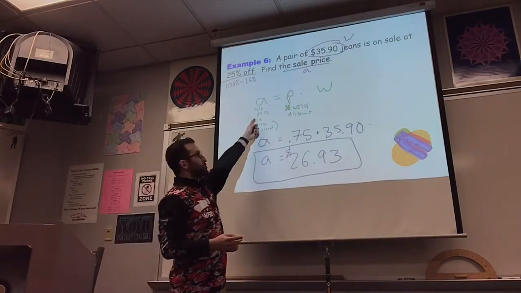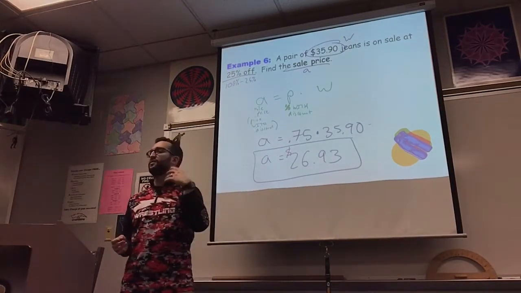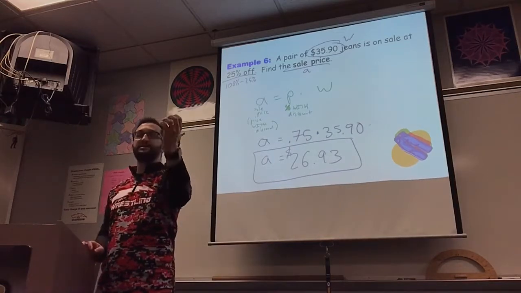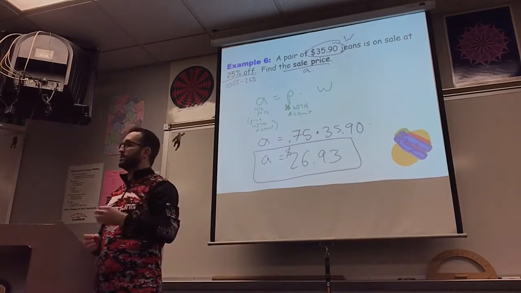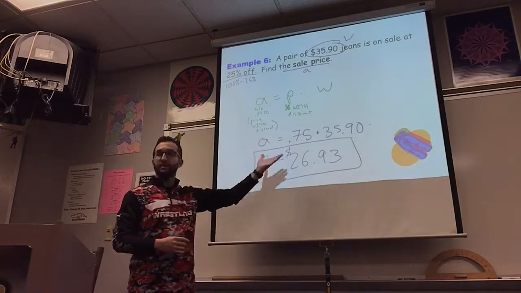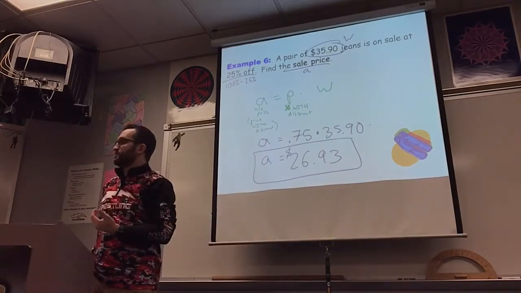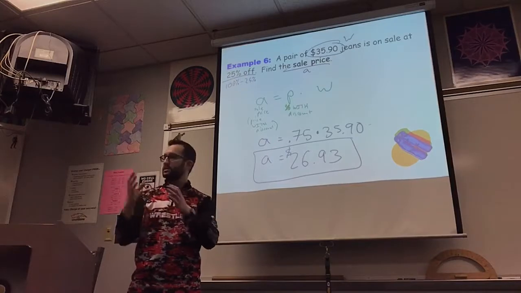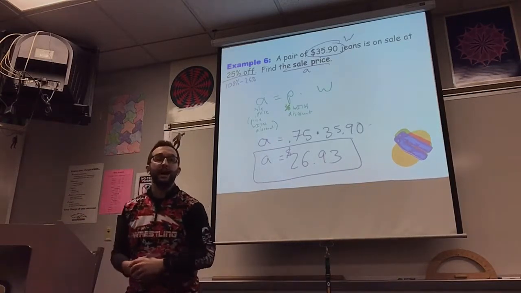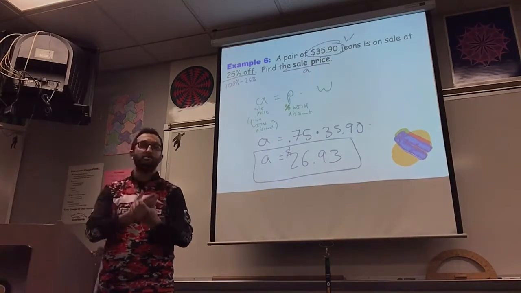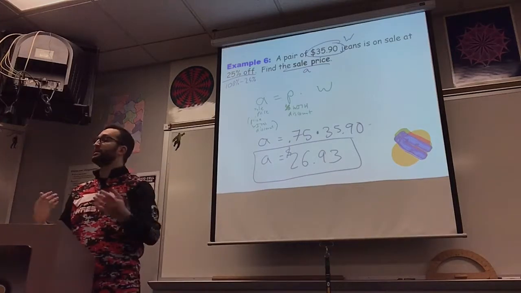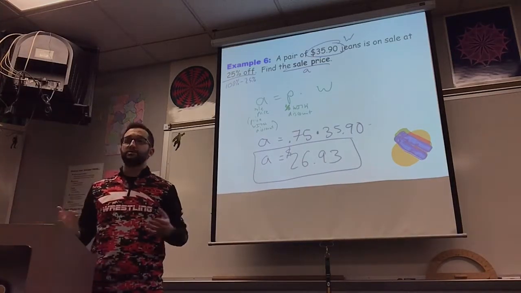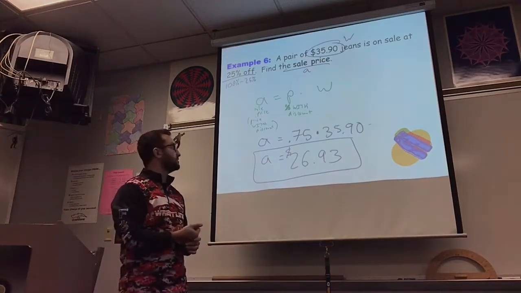If you didn't want to go straight to the sale price, if you wanted to first find what the discount was and then subtract, you can. I think this is better, my personal opinion. But that's because I've practiced these things and I've been able to distinguish, all right, this problem, I need A to be the sale. So that means I need P to be the sale amount, the sale discount. Right?